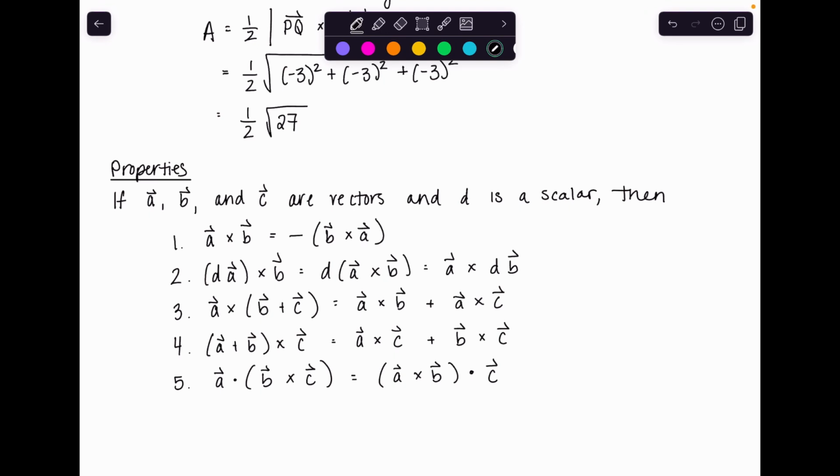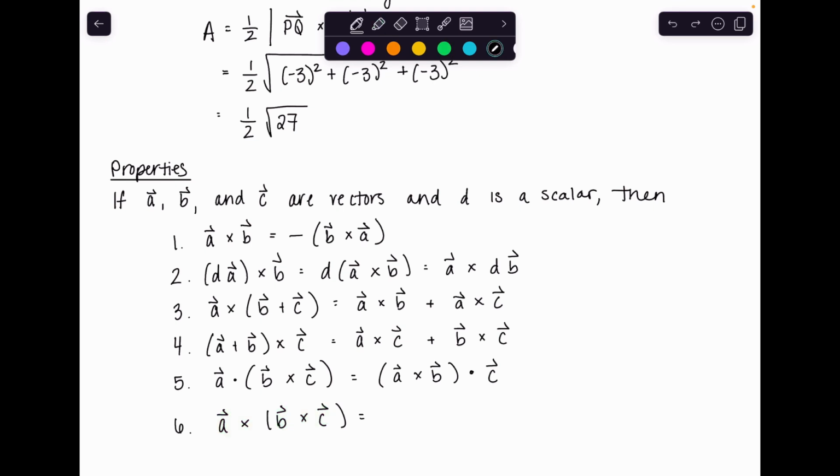And then our final property is if I do A cross B cross C, we can actually do something real funky with this. So if you notice, B cross C will be a vector. Then once I do the cross product here, the result is a vector.